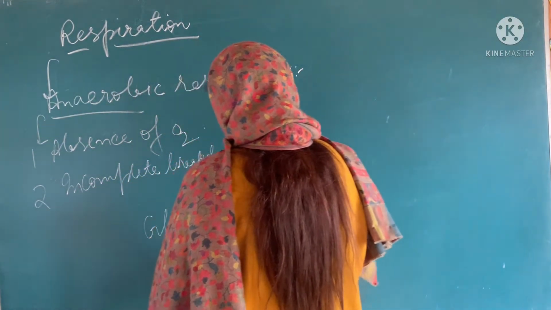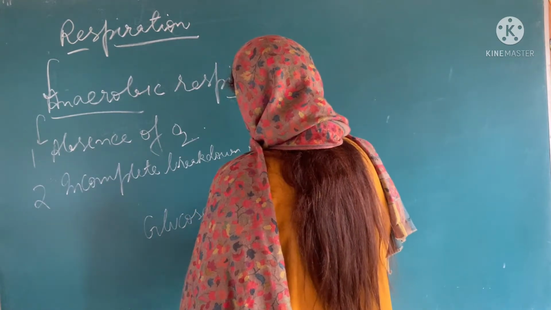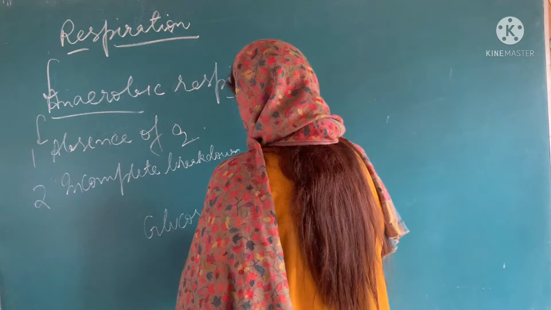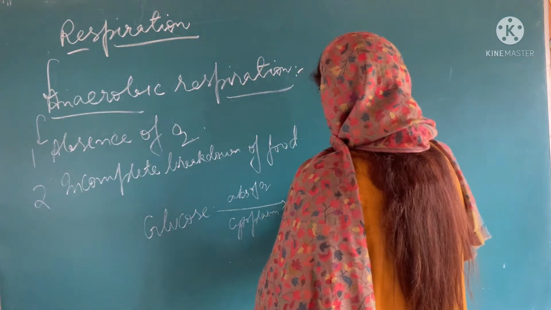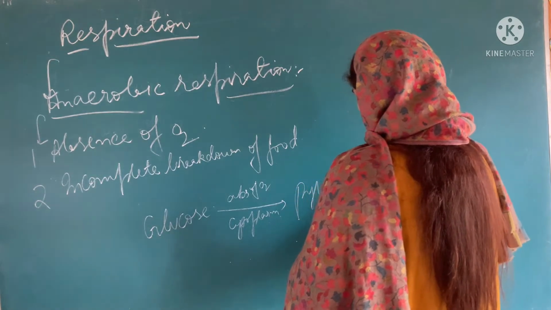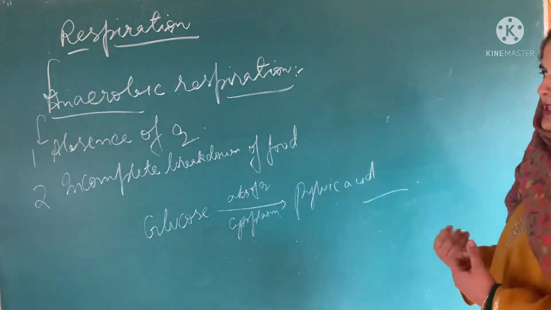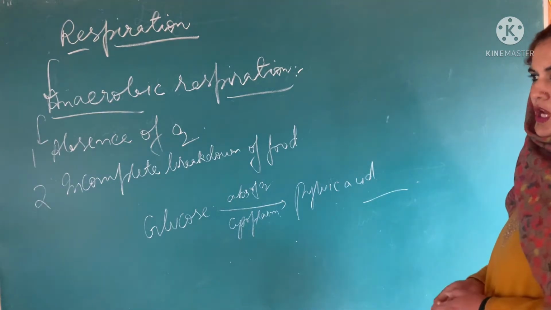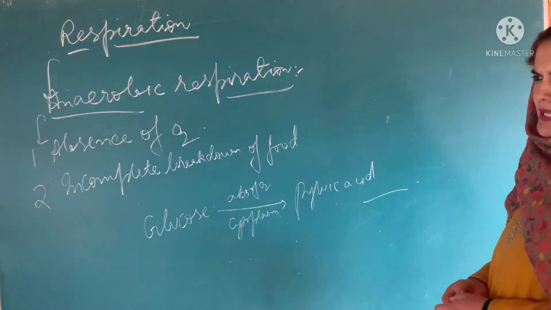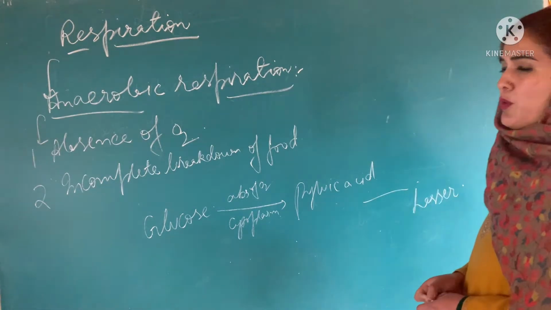In the absence of oxygen, and that too in the cytoplasm, it will be broken down into pyruvic acid. So it's an incomplete breakdown of food. It's not further broken down into CO2 and water, and energy is released in lesser amount. So this is your anaerobic respiration.